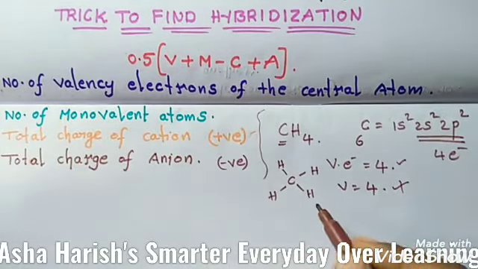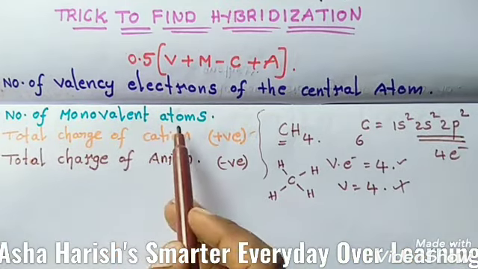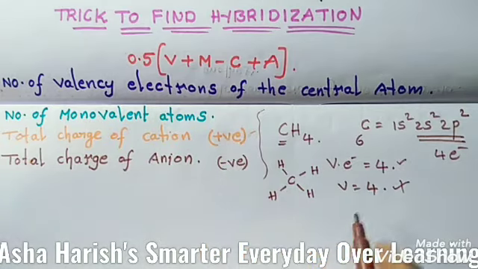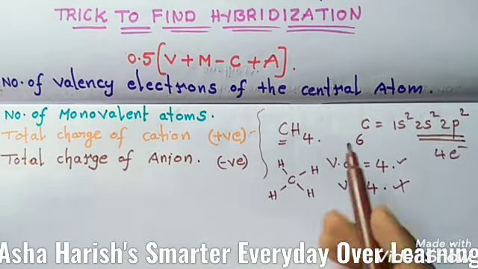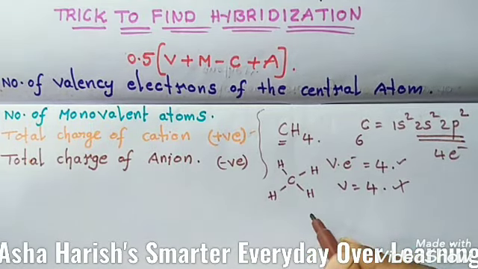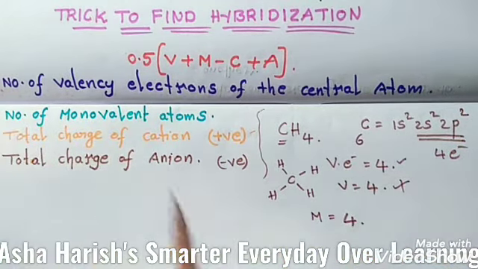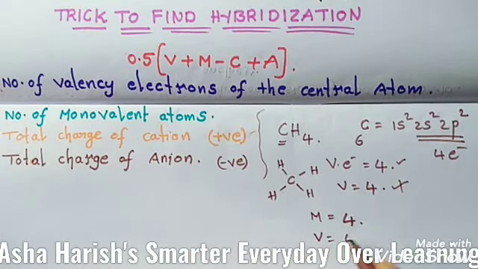Hydrogen atomicity is 1, so hydrogen is the monovalent atom you need to take here. And students, how many hydrogen atoms are present here? 4. So the monovalent atoms are 4. M is equal to 4 and the number of valency electrons V is also equal to 4.